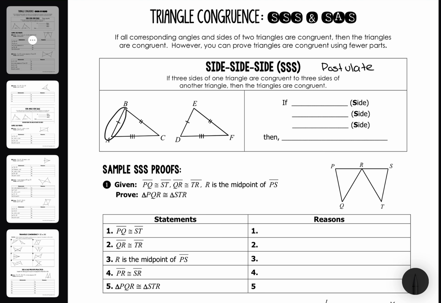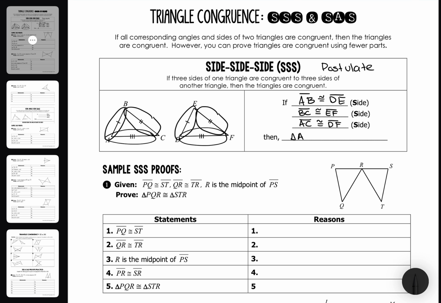So I can see that side AB and side DE, so if AB is congruent to DE, if BC is congruent to EF, and our last pair of sides, AC and DF, if all these statements are true here, then that is enough to say that triangle ABC is congruent to triangle DEF.